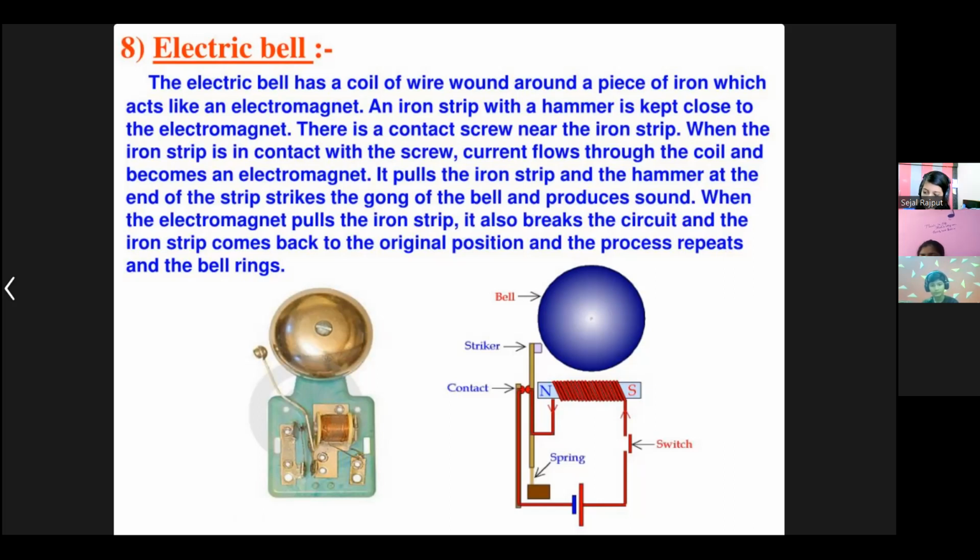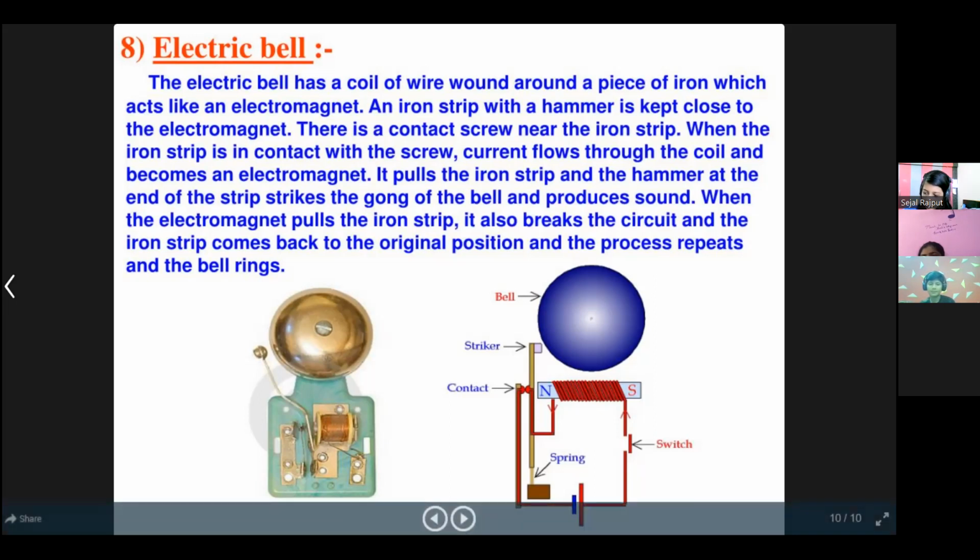Because look, what is in it? This is a magnet. This is an iron coil, on which a number of turns are there. So when the current is passed, it behaves like a magnet. When it behaves like a magnet, it attracts the contact screw towards it. And when it attracts, then what happens? The striker strikes on the bell.